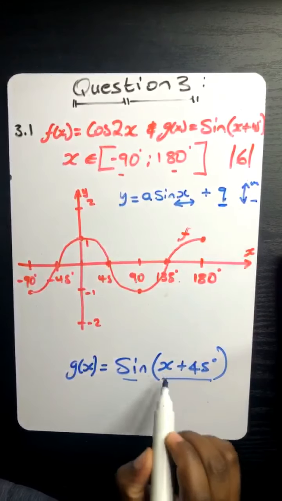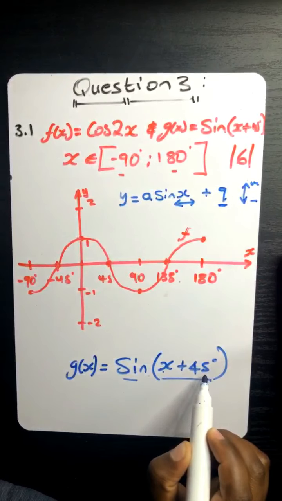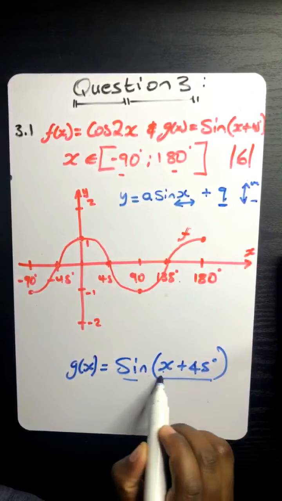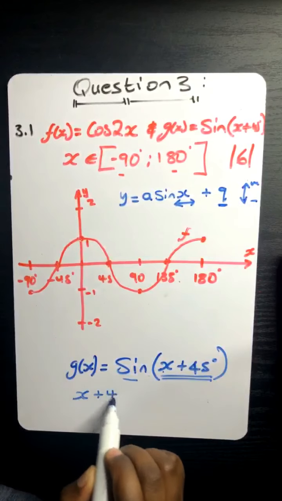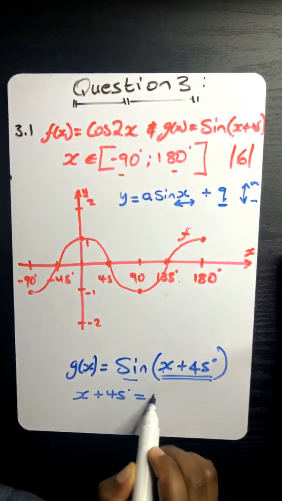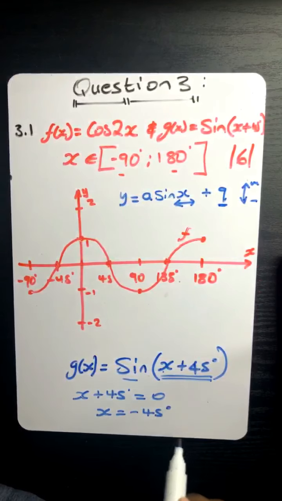But now, the moment you say x plus 45, if you want to know the shift, you just equate this inside to 0. So x plus 45 equals 0, which means x is equal to -45.